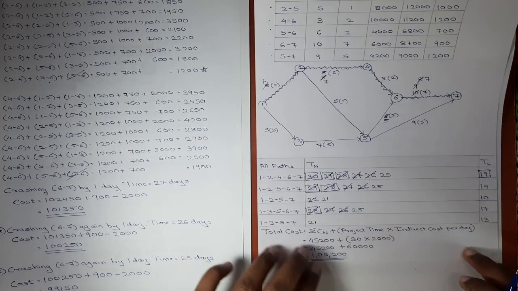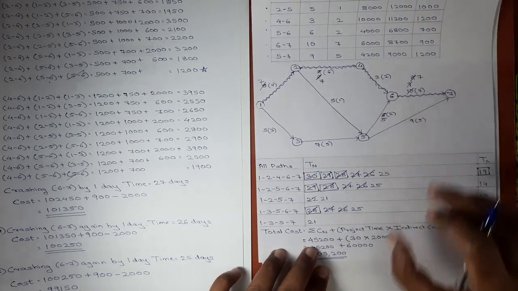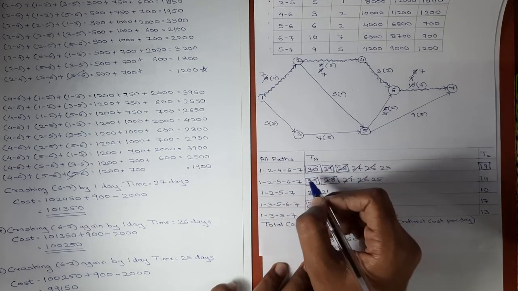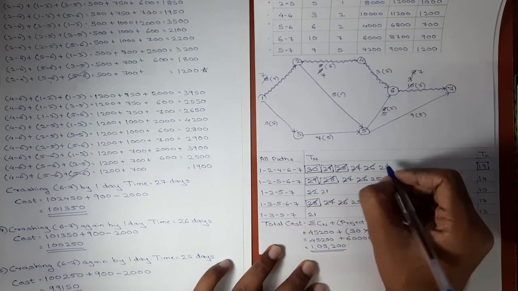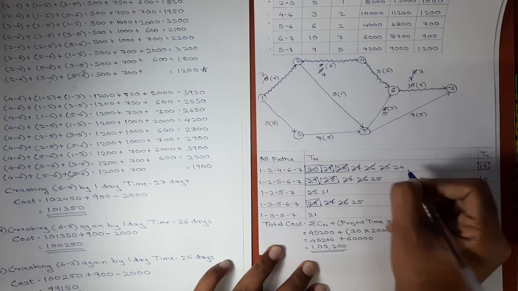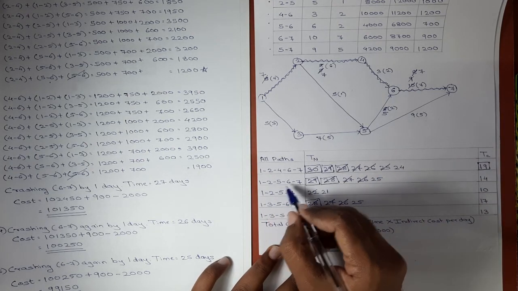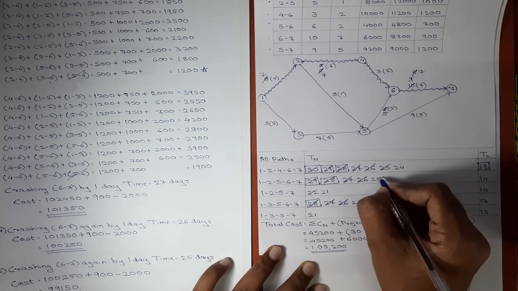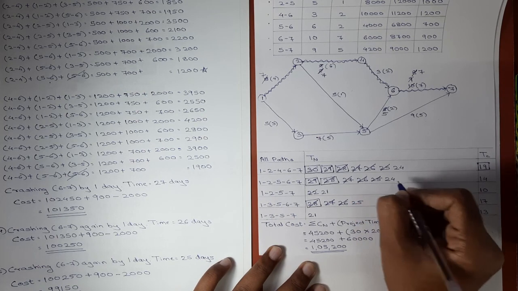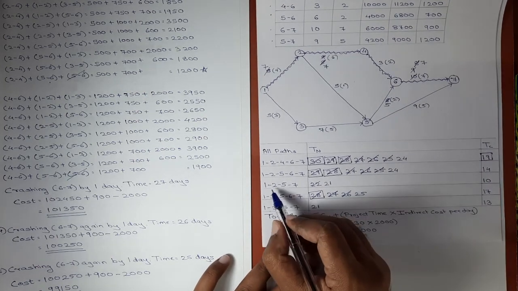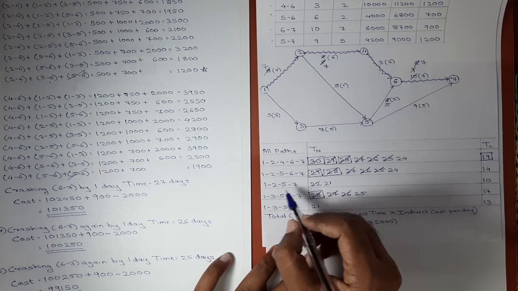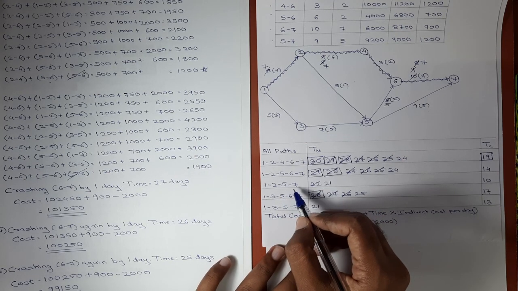Now activity 2 4 or 5 6 comes in which of the following paths? In the first path, activity 2 4 is present, so 25 will become 24. In the second path, activity 5 6 is present, so 25 will become 24. In the third path, 2 4 is not present, 5 6 is also not present.